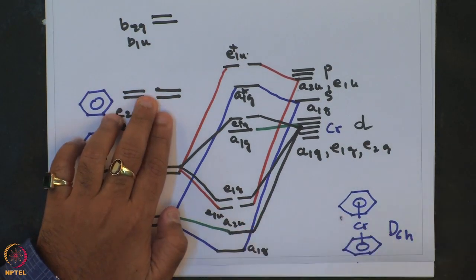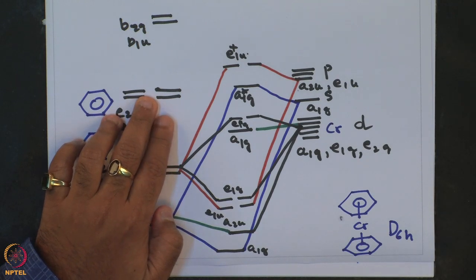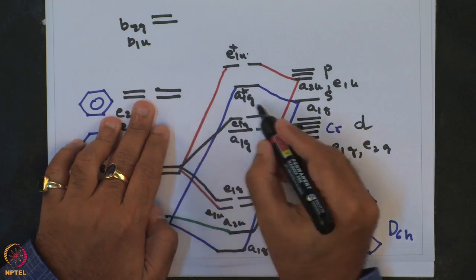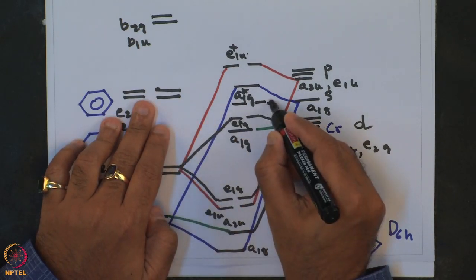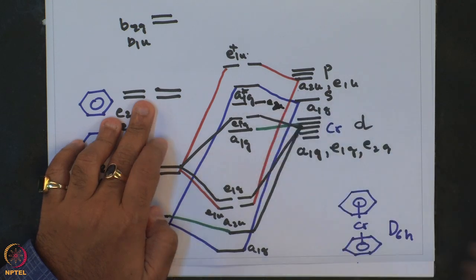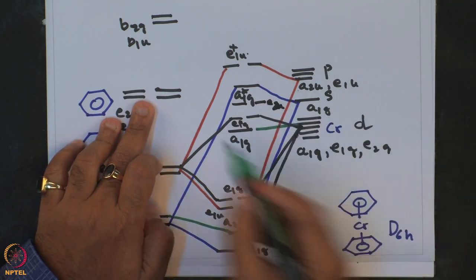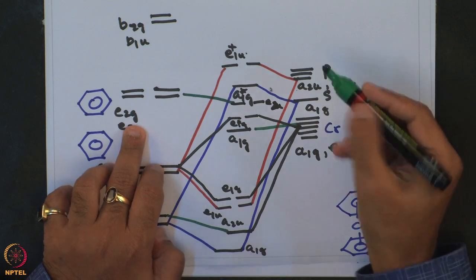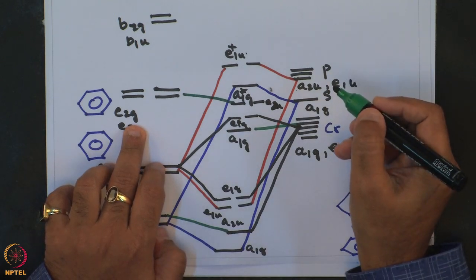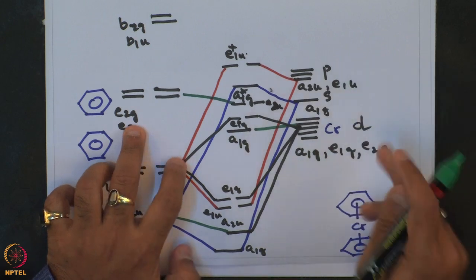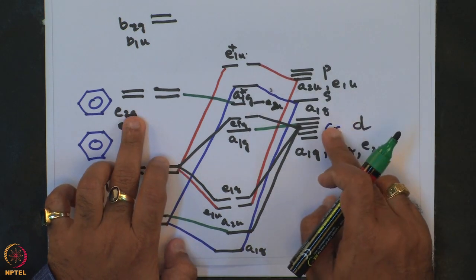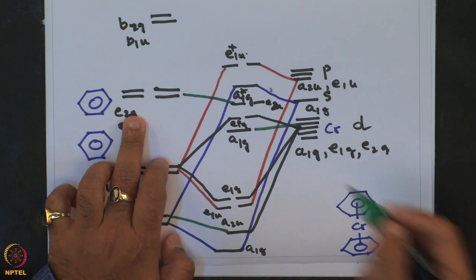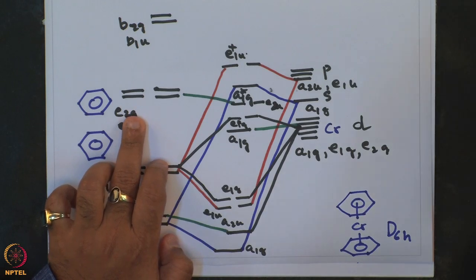Now, we come to this: E2u is a non-bonding orbital, and E2g interacts with E2g of the metal, so that is shown over here.